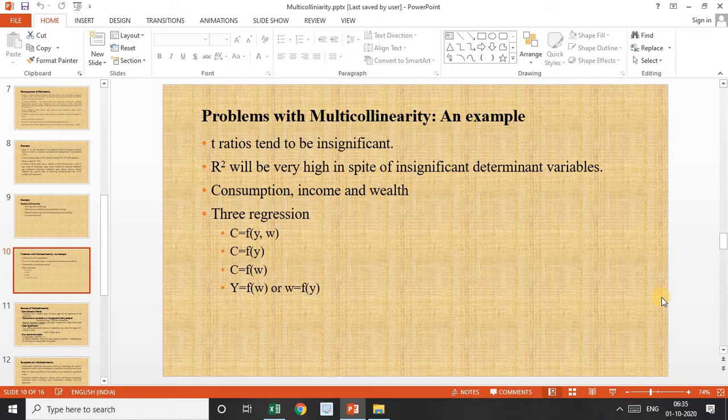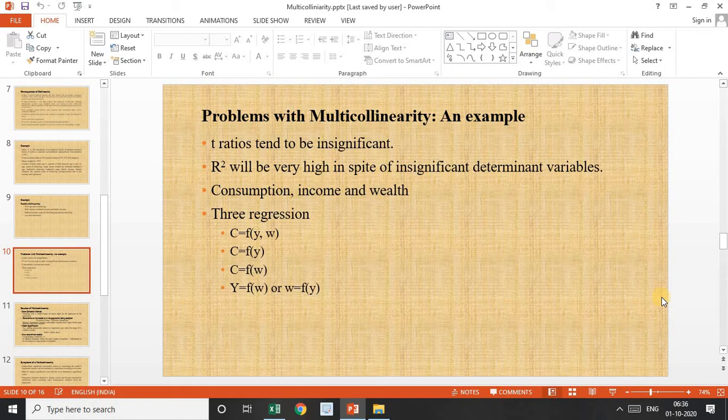Then the major issue with this multicollinearity is that the t ratio or t statistics will be insignificant, but the R square value will be very high. So this is a contradiction in the hypothesis or the significance testing.